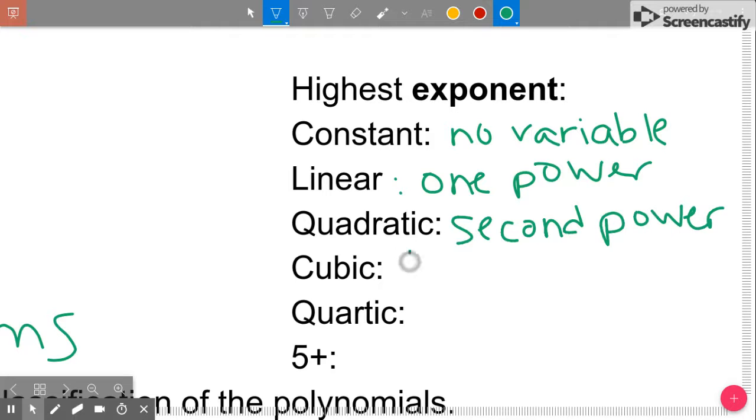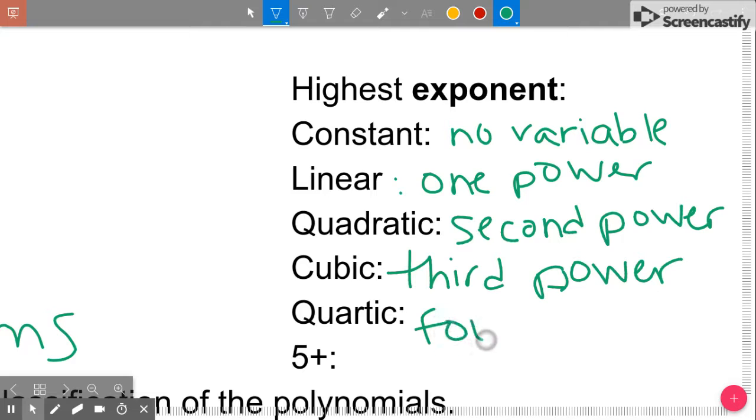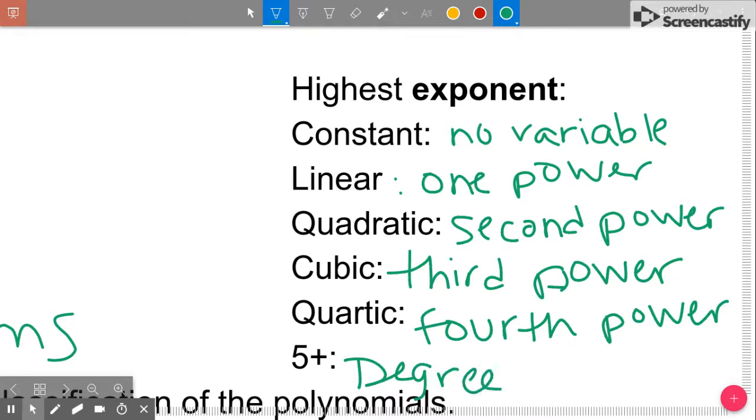If it's cubic, your highest power is to the third power. And if it's quartic, your highest power is to the fourth power. If it's 5 or higher, you're going to put degree of the number or your highest exponent.